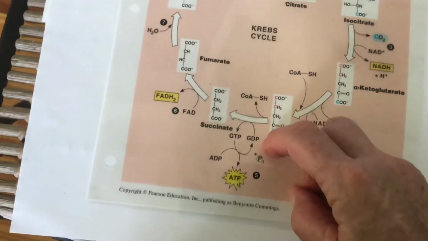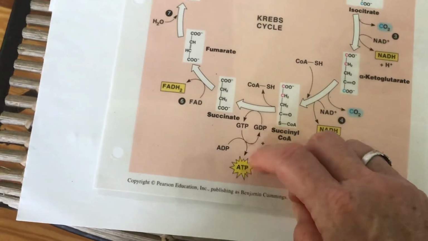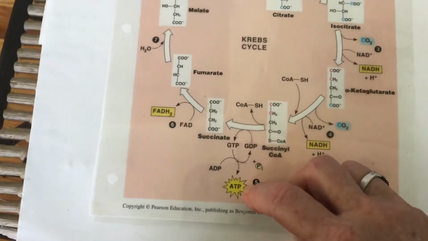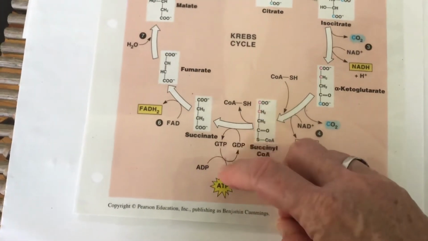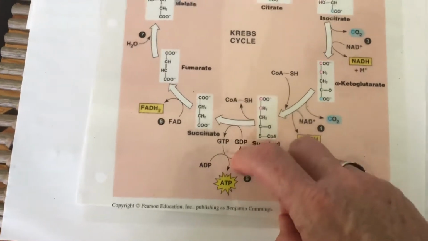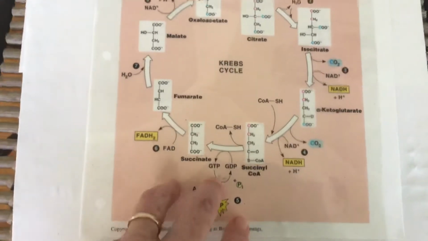In other words, I can use that energy to phosphorylate and make this ATP. Now this is substrate level. It uses another nucleotide, GTP, as a kind of interim for the phosphate group that it's adding on there.